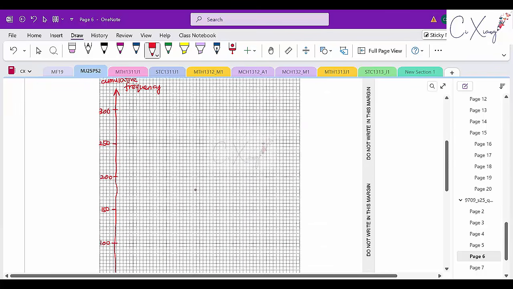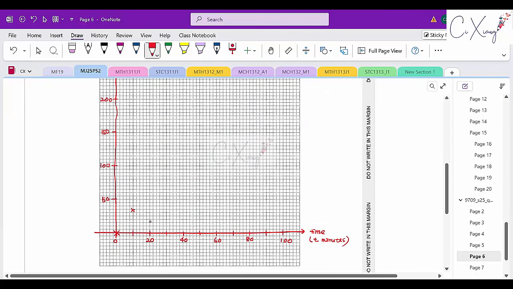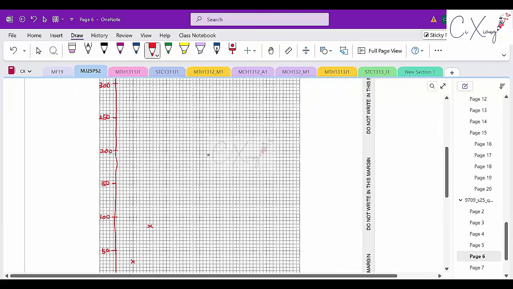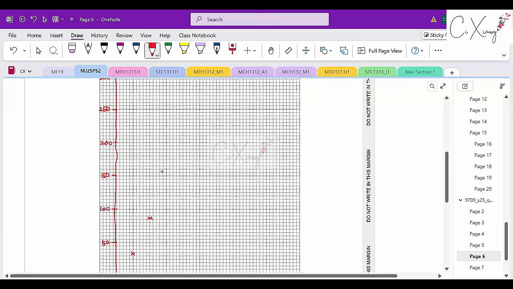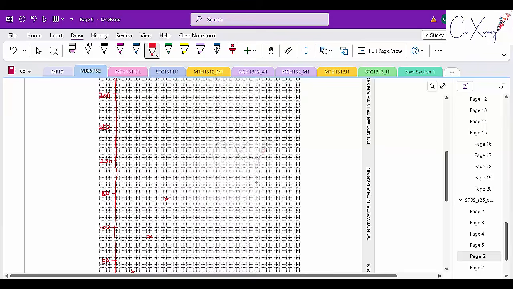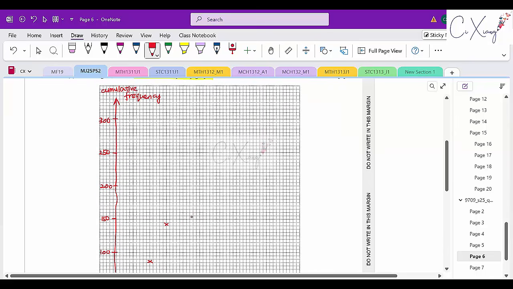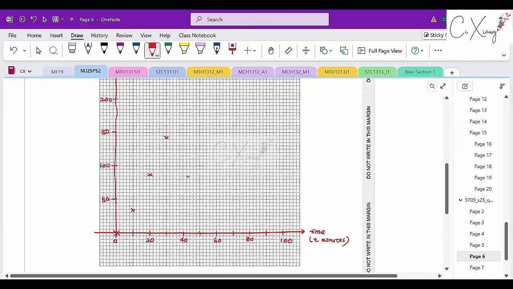Then after that, 20 is 86. 86 is somewhere slightly more than 85, so it should be somewhere here. Then after that, 142 for 30, so it should be somewhere in this part. Then 40 is 208. Where is the 40? So 40 should be here.